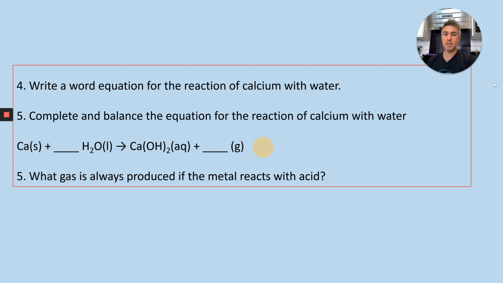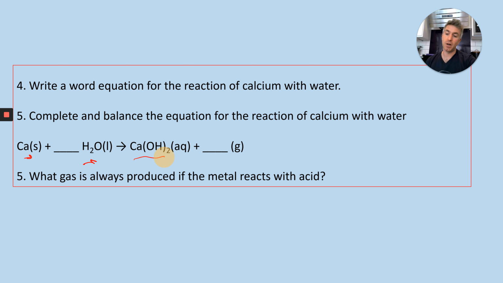And then what does it turn into? If you're not sure, you can use the question below to help you out, because it's asking about the balanced equation. Here's calcium. There's water. What does it turn into? Ca(OH)2. There we go. You can use that to answer number 4.